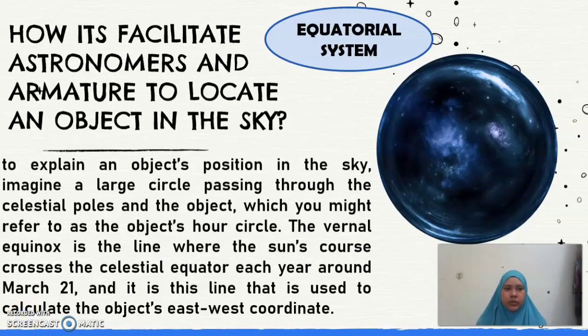Now, how these systems facilitate astronomers and amateurs to locate an object in the sky. To explain an object's position in the sky, imagine a curve passing through the celestial poles and the object. The vernal equinox is the point where the Sun crosses the celestial equator, around March 21, and it is the line used to calculate the object's coordinates.